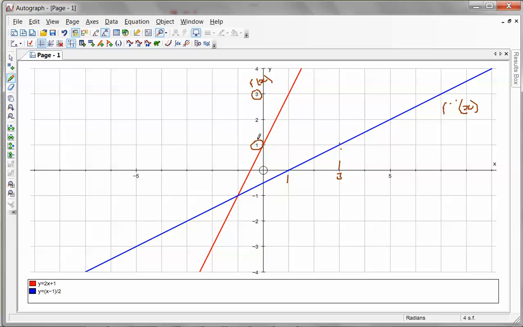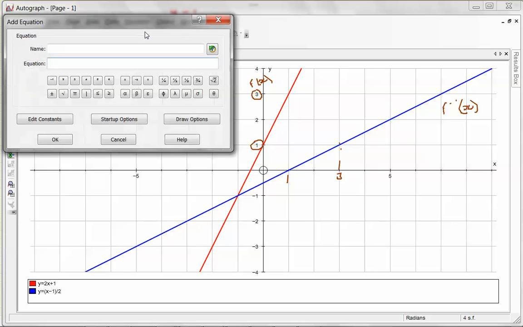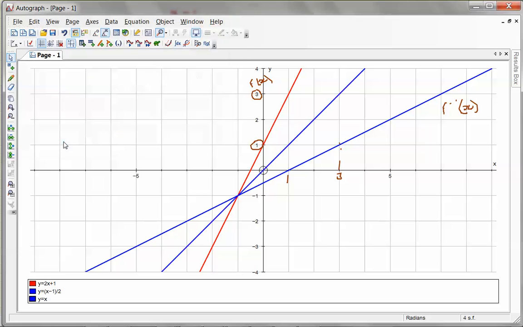Reflection in y equals x? Yeah, that's it. It's a reflection in the y equals x line. So if I put y equals x in there, you can see quite clearly that the inverse and its function are reflections.